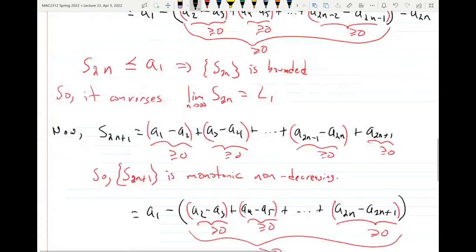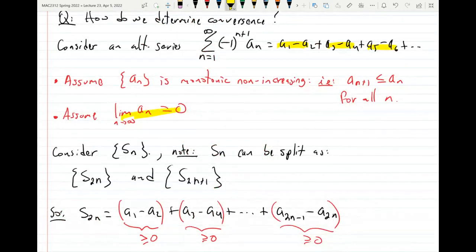And now we're going to use this. We assume that the sequence A_n goes to 0, right? What can you say about the subsequence A_{2n+1}? That's a sublist of the bigger list. If the entire list gets closer and closer to 0, what happens if you look at the odd spots of the list? Does it get closer and closer to 0? Yes, of course. Otherwise, the list itself would not be getting close to 0.